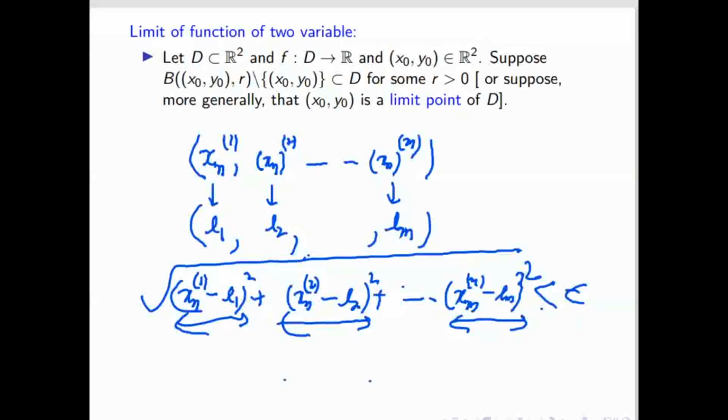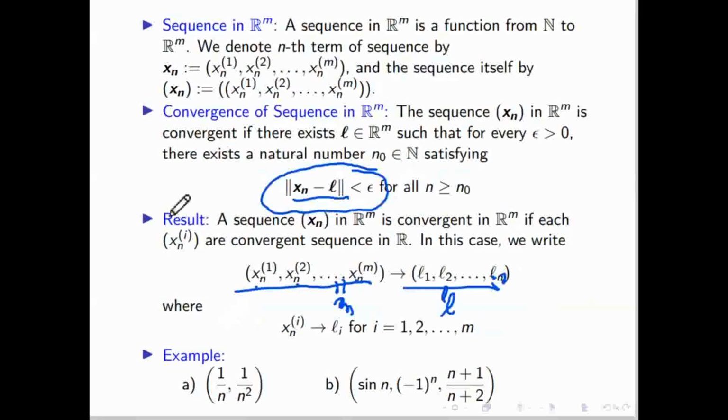If this whole square root is less than epsilon, can we say that each individual is also less than epsilon? The answer is yes. So this less than epsilon implies that each individual is also less than epsilon. That's why this result came: if each individual sequence converges to Li, then the overall sequence will also converge to L1, L2, Lm.